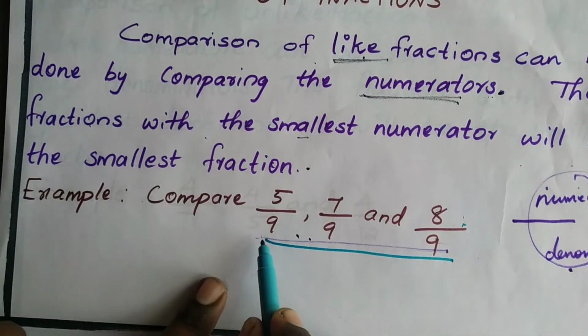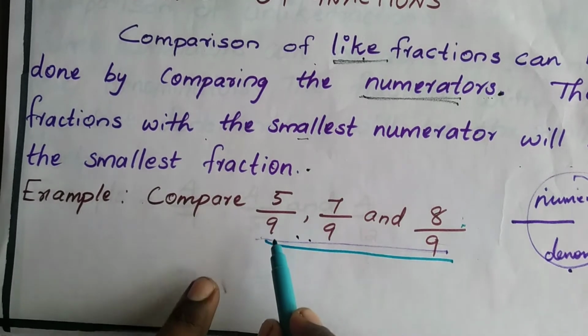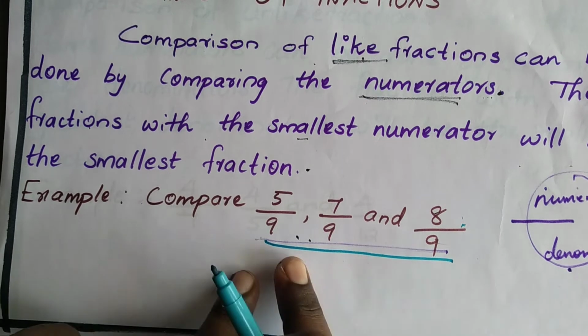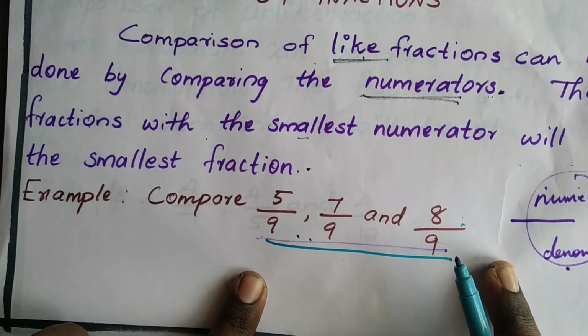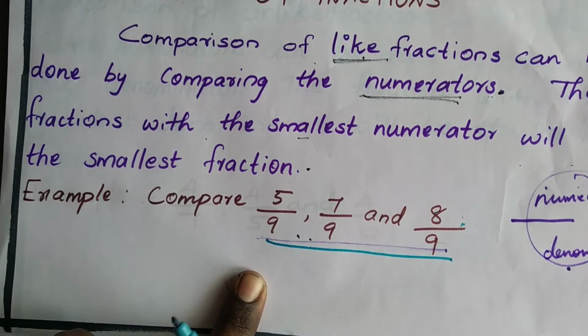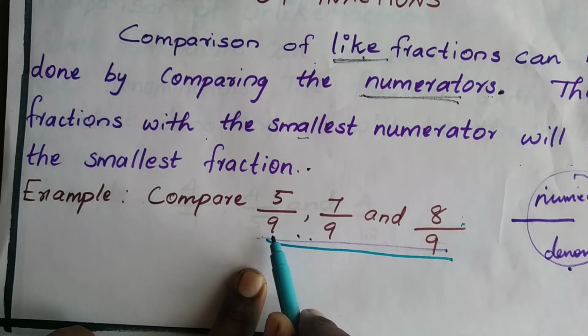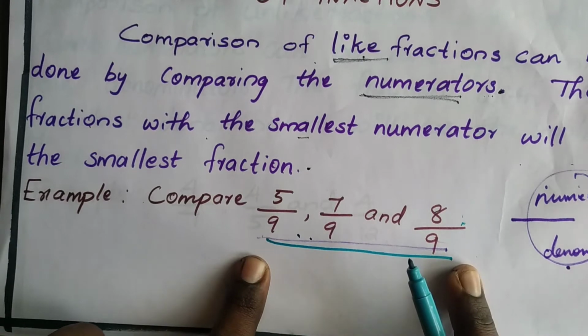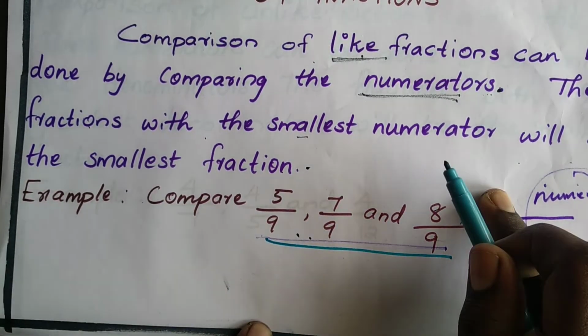Here, the given example 5 by 9, 7 by 9, 8 by 9 is a like fraction. Are you clear? Why? Because the denominators are the same. If the denominators are the same, it is called a like fraction.